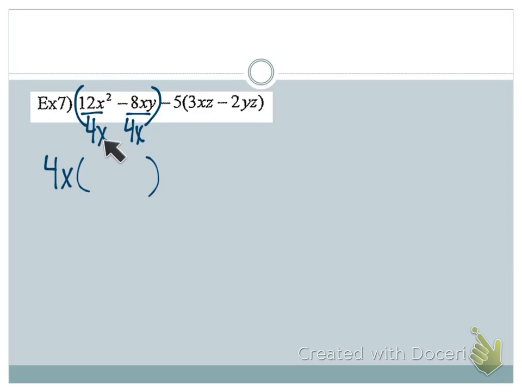So then we have to know what's left in that group. Connie, what's left when I factor out a 4x from both of these two terms? So let's do it one piece at a time. 12 divided by 4 leaves me with 3. Thank you, Connie. X squared divided by x leaves me with what? Just an x, so an x goes with the 3.